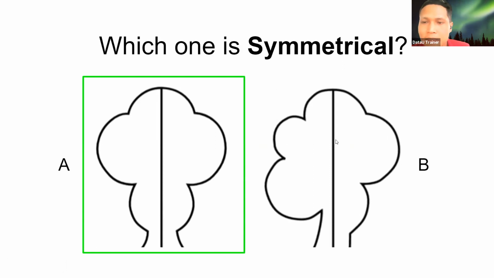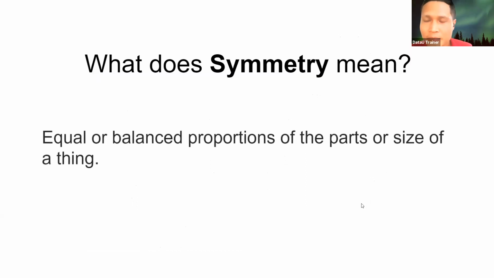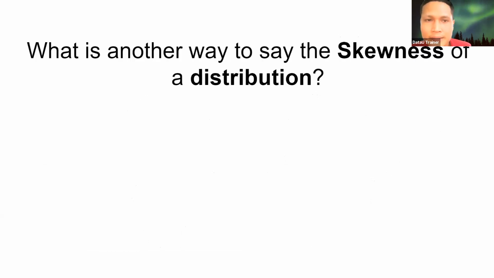But we can say B is not symmetrical, it would be asymmetrical, all right? Because they are not equal, not fully equal at least. So it's important to understand that word because it will help you with skewness. So what is another way to say the skewness of a distribution?